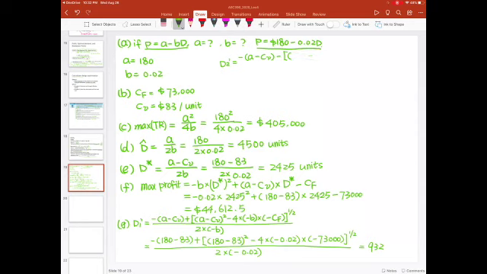It's A minus CV square minus 4 times minus B times minus CF to the power of 1 over 2, okay? And divide this whole thing by 2 times minus B.